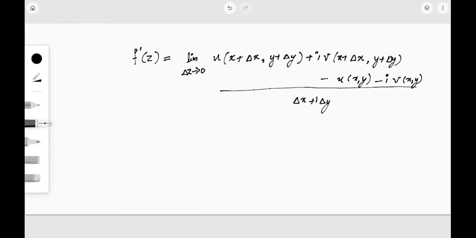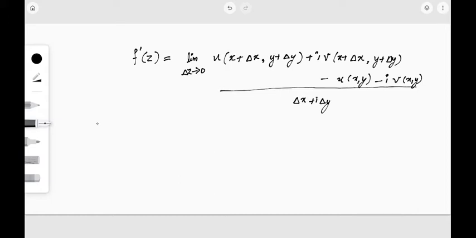Now, as we discussed in the previous lecture, for the limiting condition we must check carefully along which direction. It is not as simple as in the real case, where it comes from left or right. You have to check from which direction delta z tends to 0.